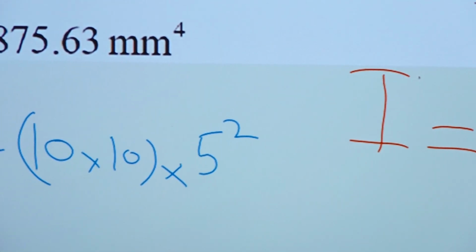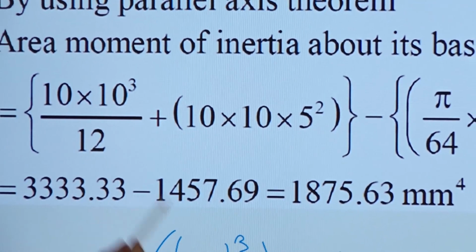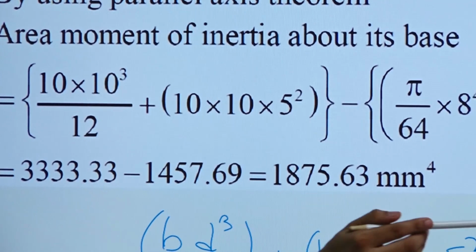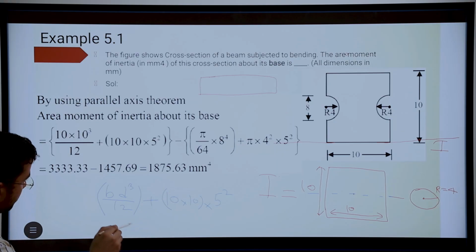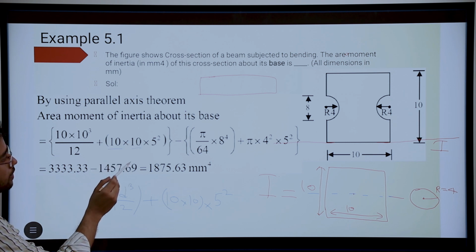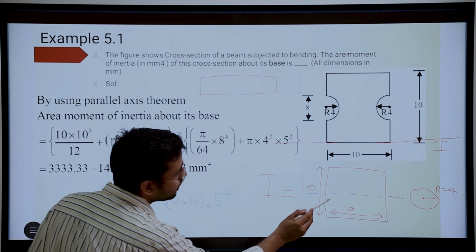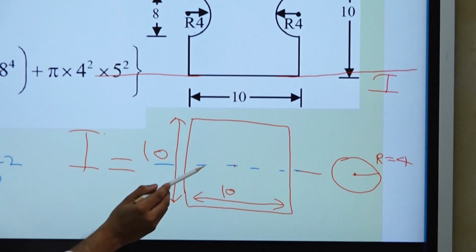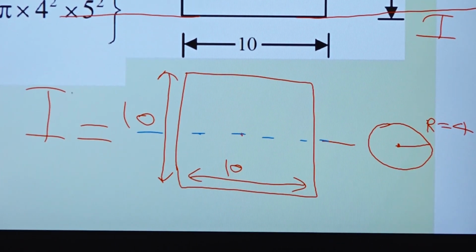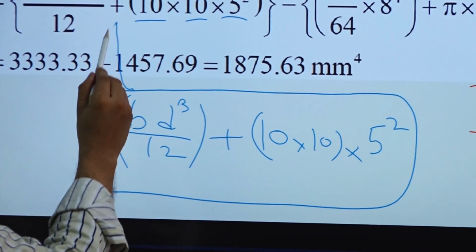So that's what it is. 10 into 10 cube by 12. The value of B is 10, the value of D is 10, because we have a square here with sides 10 by 10. So 10 into 10 cube by 12 plus 10 into 10, the area, into 5 square, that is the distance from this point to this point, right? So this is the thing.